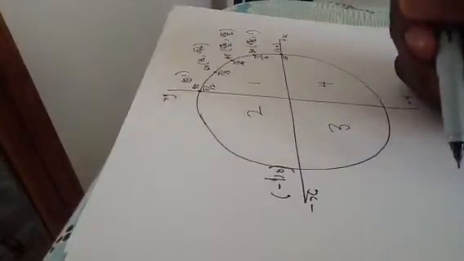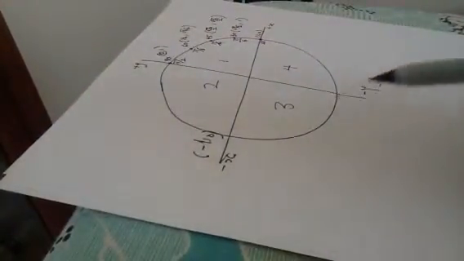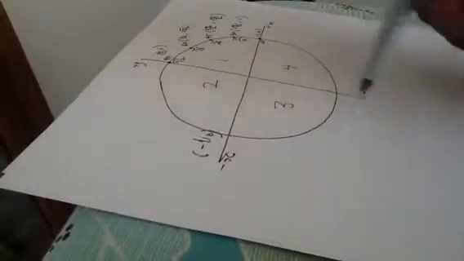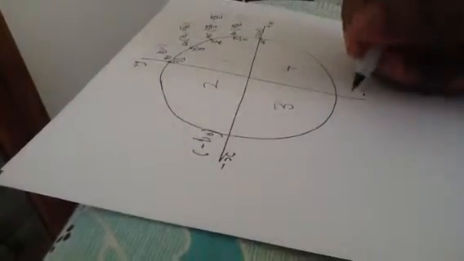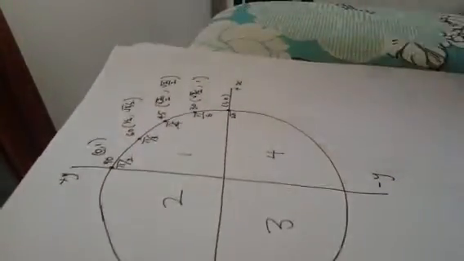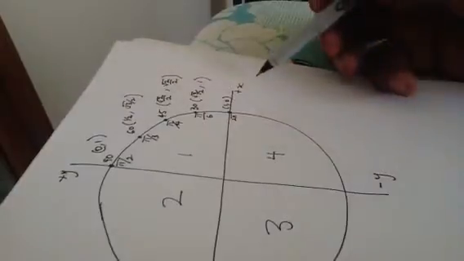And when you get to the third quadrant, the x is negative and the y is negative, so that means everything would be negative. So it's going to be -1, and everything would be negative on this side. Then when you get to the fourth quadrant, the y is negative and the x is positive.